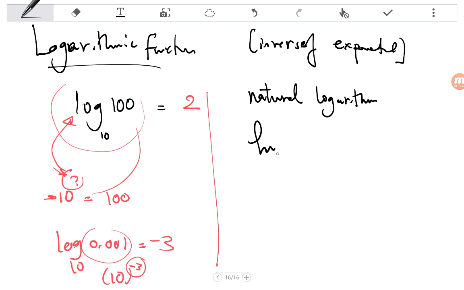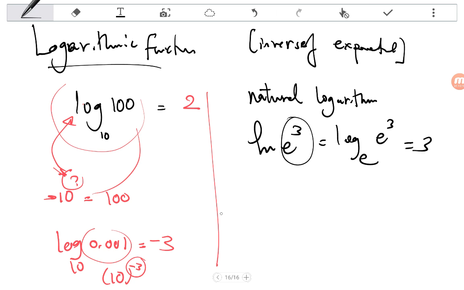So what is ln? When I say ln e power 3, ln is just the log of base e. So when I tell you ln e power 3, you are just asking what is the exponent of the e that gives me that number. What is the exponent of the e in this case? It will be just 3.